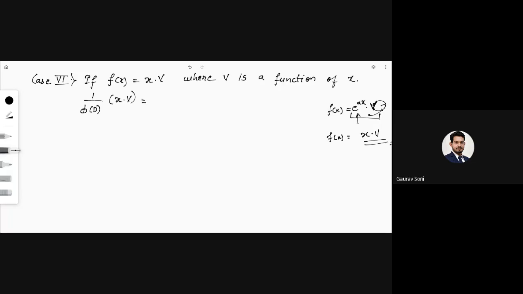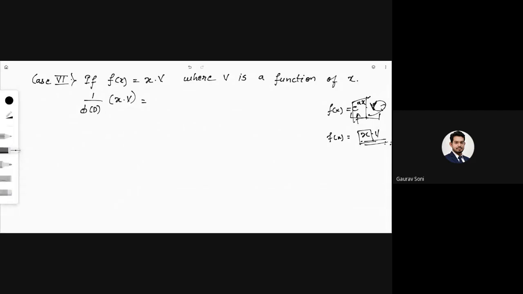This is the major difference in two rules. x is multiplied here, whereas in the previous one e to the power ax was multiplied to some function. So if it is x into v, then you go for rule number 6. If it is e to the power ax into v, then you have to go for rule number 5.